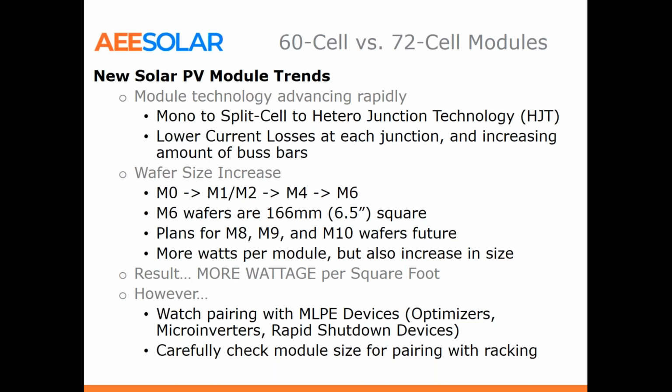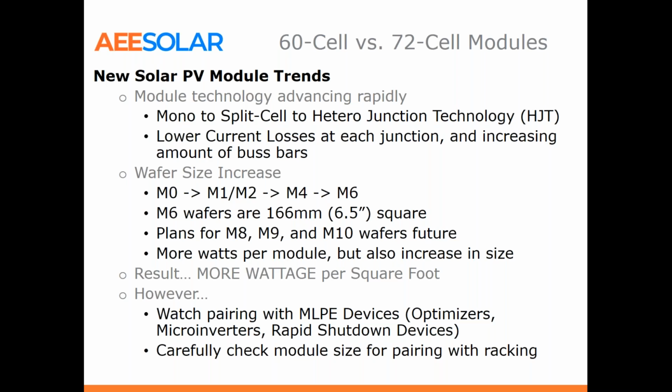They're also looking at lower current losses at each junction. They're increasing the number of bus bars and making other minor tweaks to a module that increase the output. We're also seeing wafer size gradually increase, going up to the M6 wafers and now up to 6.5-inch squares.